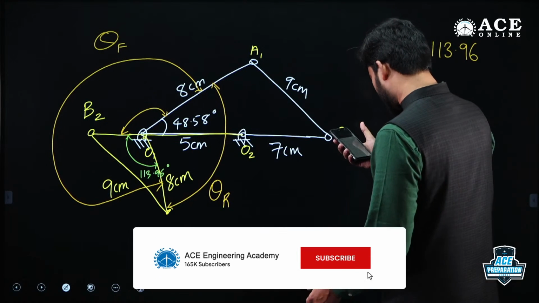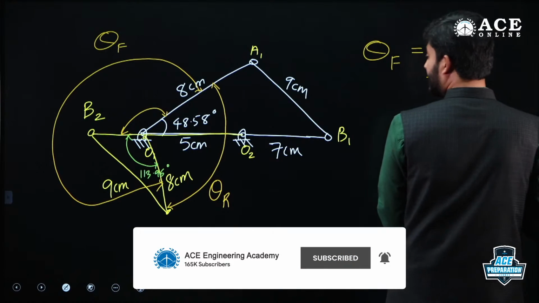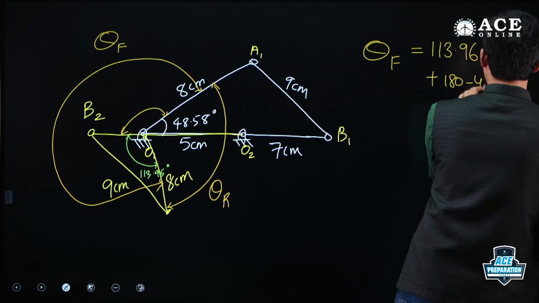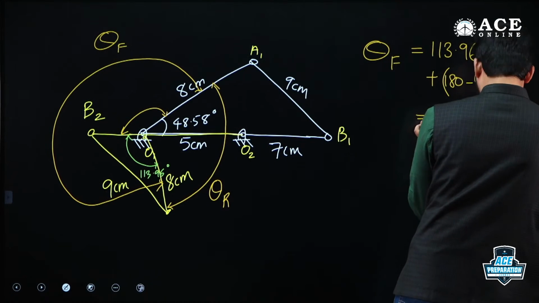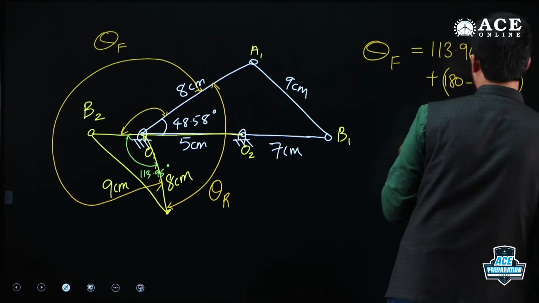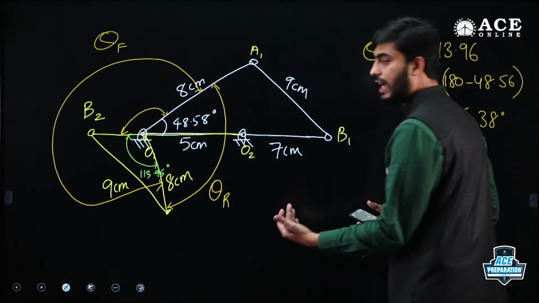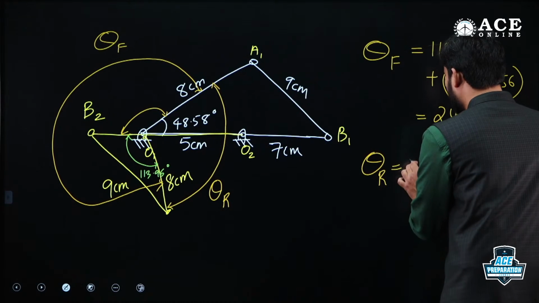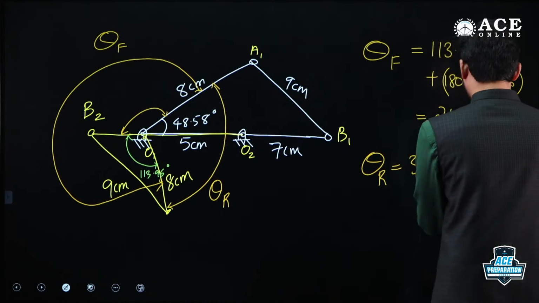Now please be careful with your calculations, guys. 113.96 plus 180 minus 48.56 is equal to 245.38 degrees, theta forward.